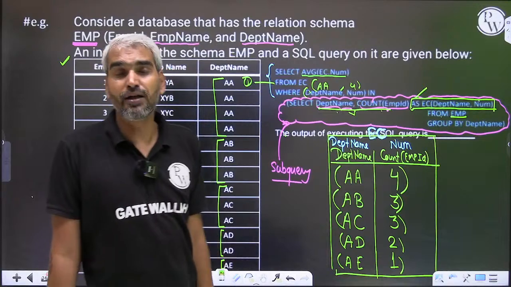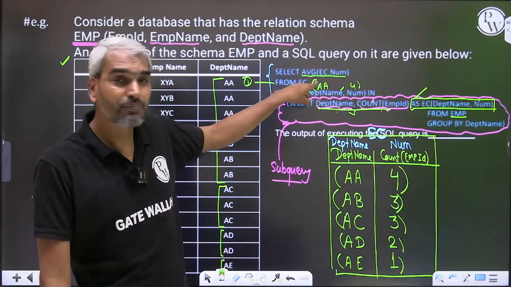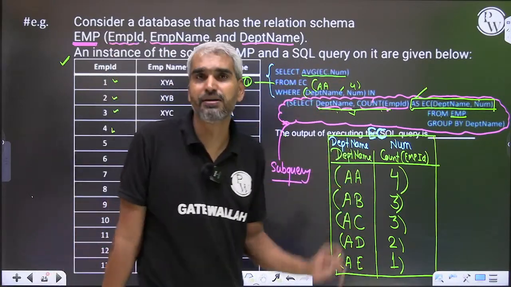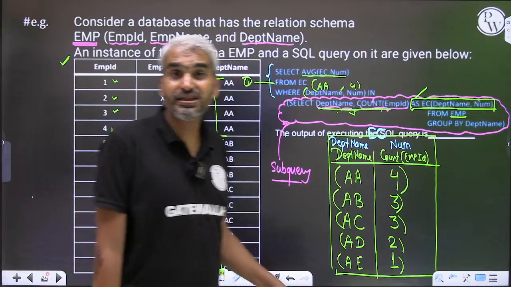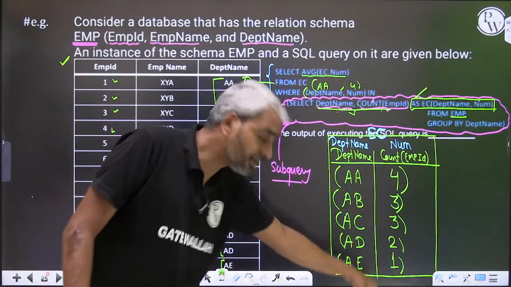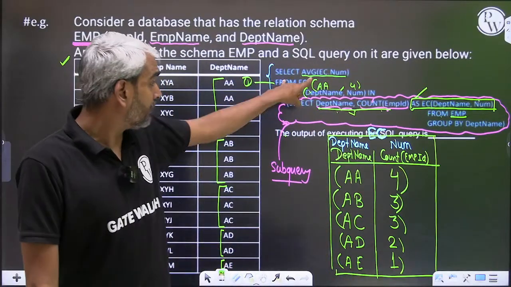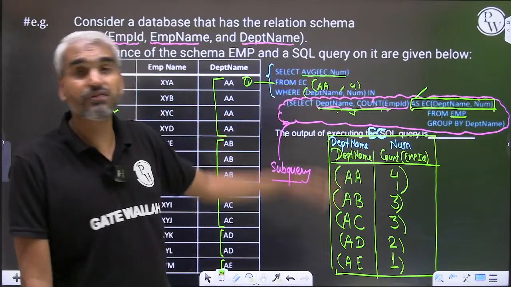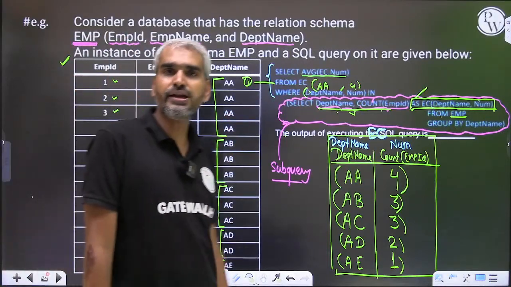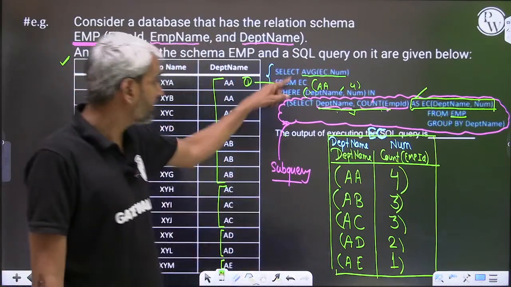Come on, sir. For every tuple of the EC table, that tuple will be present in the EC table. That means for every tuple of the EC table, this where condition will be true.